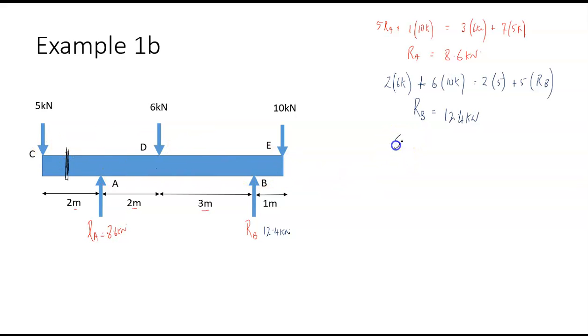So segment from C to A, the shear force is equal to minus 5 kilonewtons. And the bending moment, if this distance is x, it's going to be minus 5 kilonewtons x. So that's the shear force and bending moment for there.